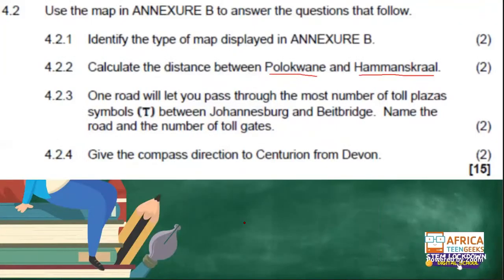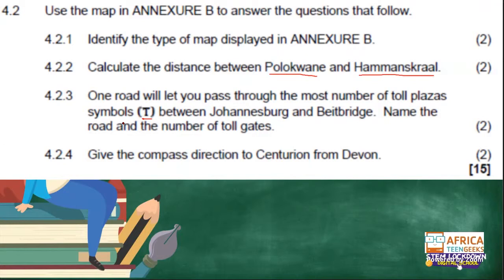Now there's 4.2.3. One road will let you pass through the most number of toll plazas. Symbol is T, right? So they're telling us that where you see a T, those are the toll plazas between Johannesburg and Bridge, right?